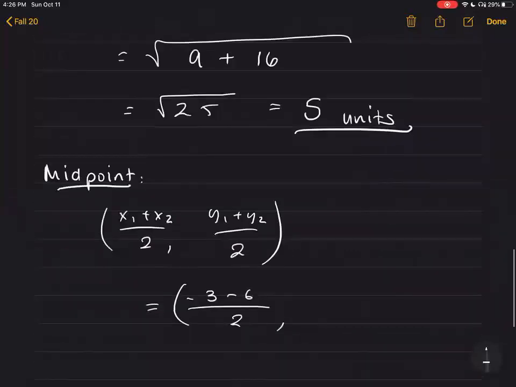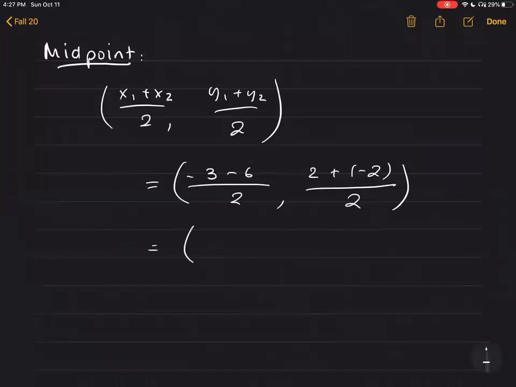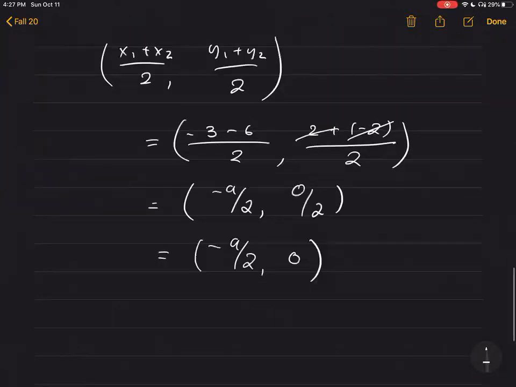So we get 2 plus -2 over 2. Cool. And then if we simplify a little bit, we get -9 halves, and over here 0 halves. So we get -9 halves, 0. So this is the midpoint.